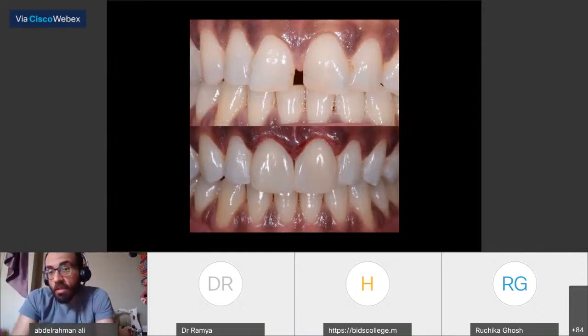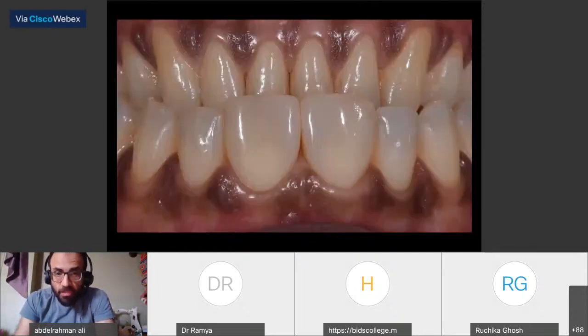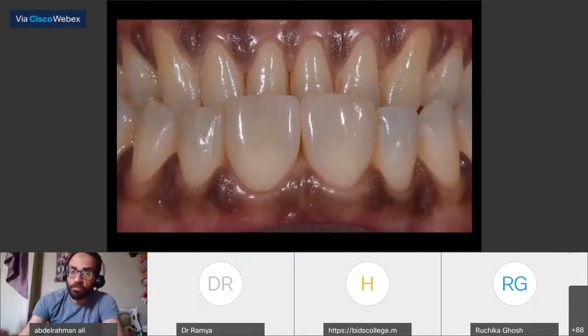easily, I would choose monochromatic, because with monochromatic I stay away from the layering technique, from different colors, thickness, and voids of adaptation between each color, though you can do that if you master the technique. And this is a 2-year follow-up for the same case.